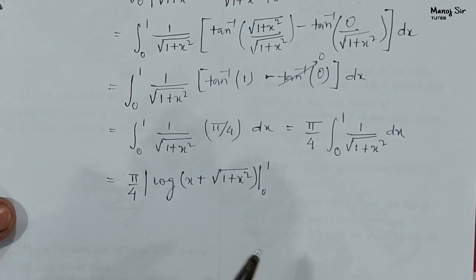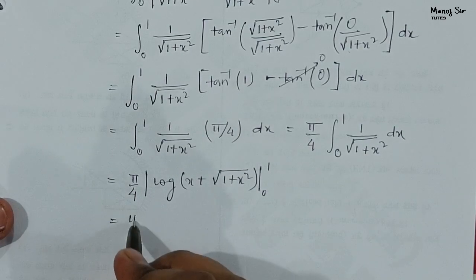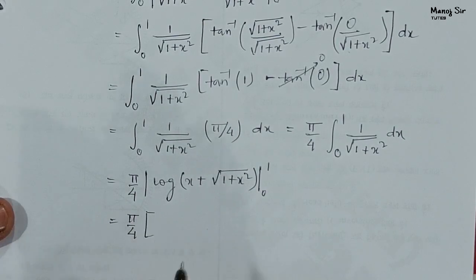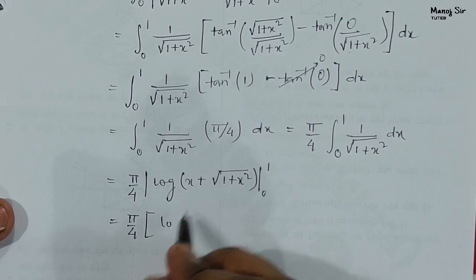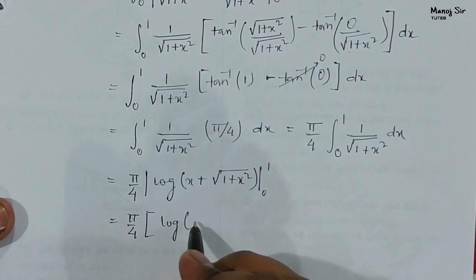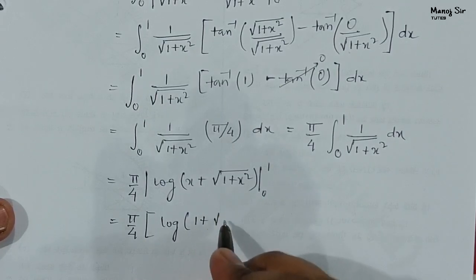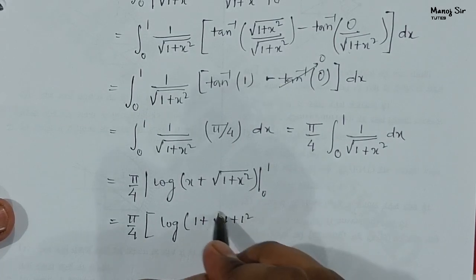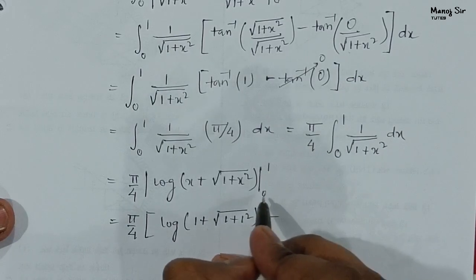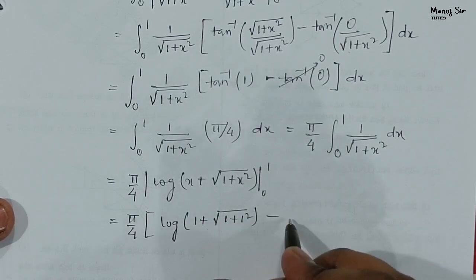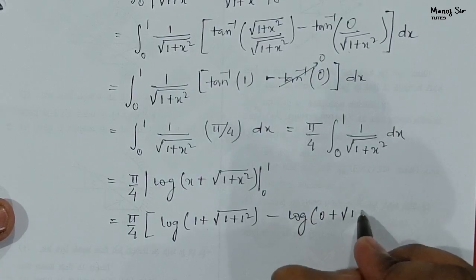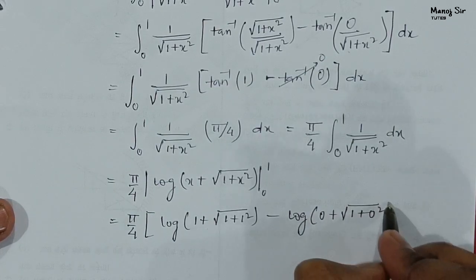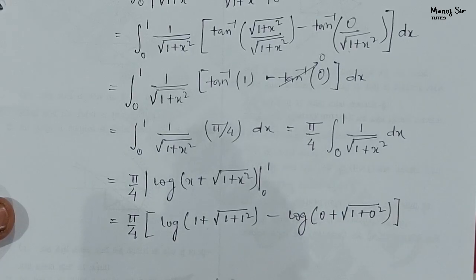Now we need to solve this: pi by 4, opening this larger bracket, on putting the upper limit, that is 1 in place of x, log of 1 plus root over of 1 plus 1 square, minus, on putting the lower limit, that is 0 in place of x, log of 0 plus root over of 1 plus 0 square. Now closing this bracket.